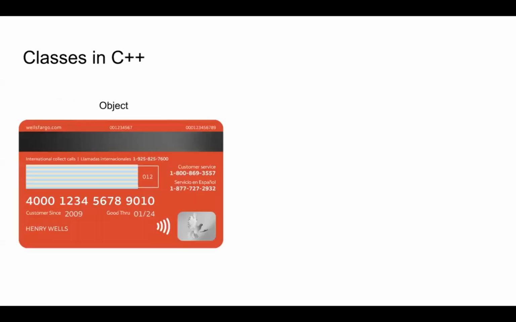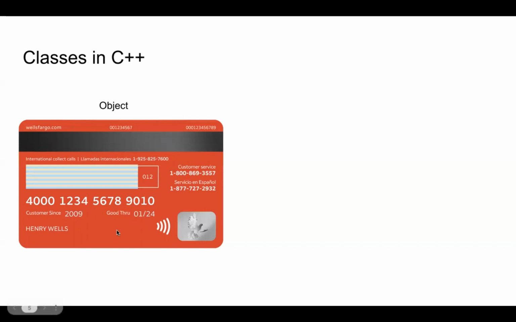From a programming perspective, a pose is a class. I'm going to quickly talk about classes if you're not familiar with them. Classes in C++ or any other language can be looked at as object holders. So imagine you have a bank account and you have a card, and your information is written on this card, like your card number, expiration date, your name, and so on.